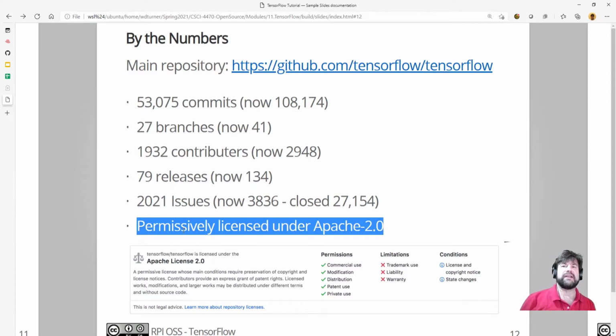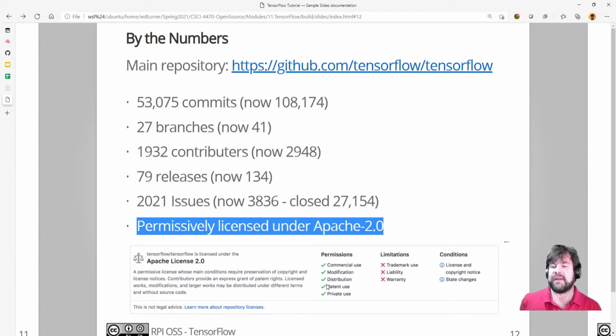It is actually licensed under Apache 2.0, which is a pretty good license for us, in that the only thing it really requires you to do is to maintain the license, to post the license and the copyright notice and state changes. You can use it, you can modify it, you can distribute it, you can use any patented code that somebody contributes to this library.